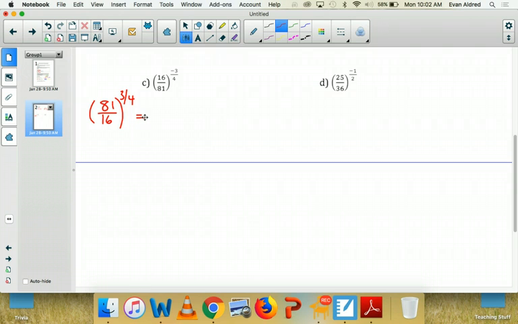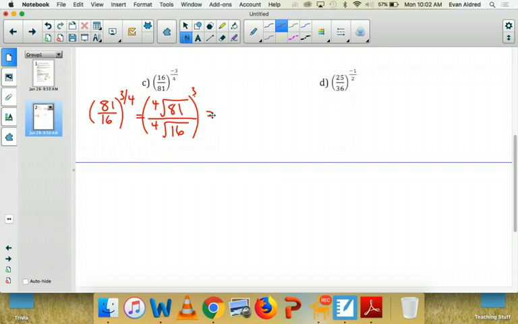Well, we look at our denominator, and our denominator tells us that it's going to be the index of the radical. So we know 81 over 16 will be our radicand. So we're going to take the 4th root of 81 over the 4th root of 16, and the numerator becomes the power. So it's all to the power of 3.